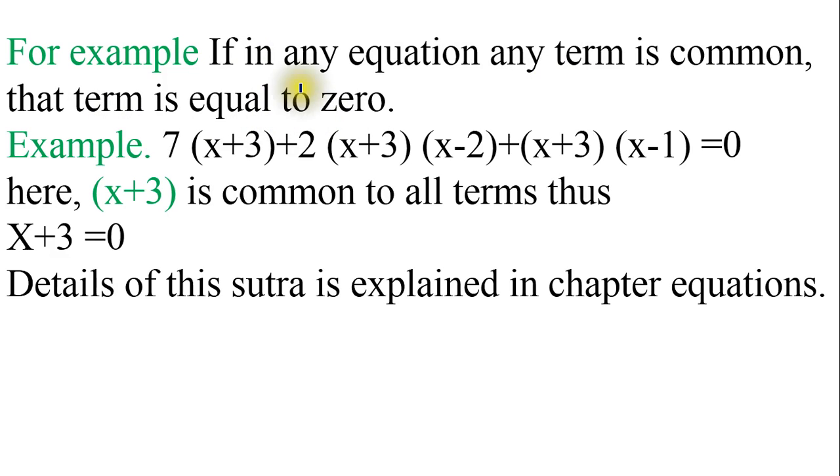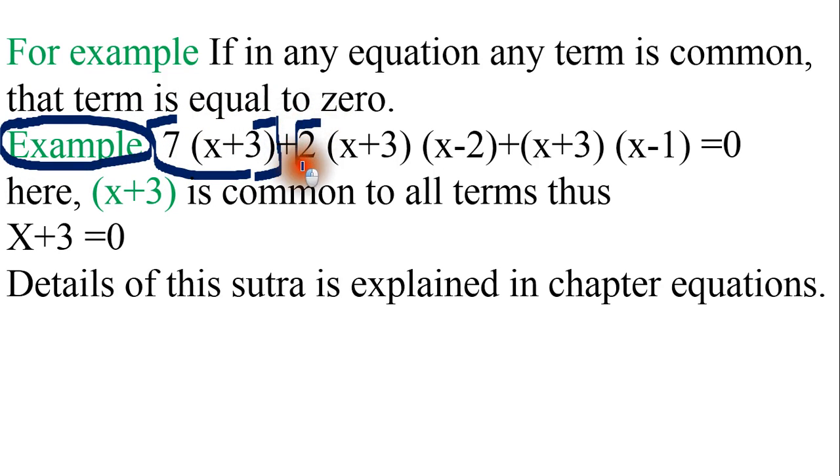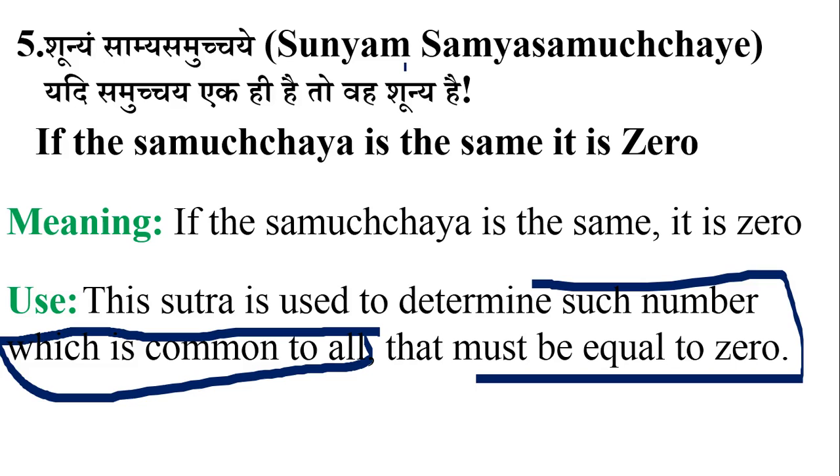How? This is an example I have taken here. If you look at this, you can put a big bracket here, like this is separate and this is separate. What this formula is telling is, if you have any Samuchaya common, that must be equal to zero.